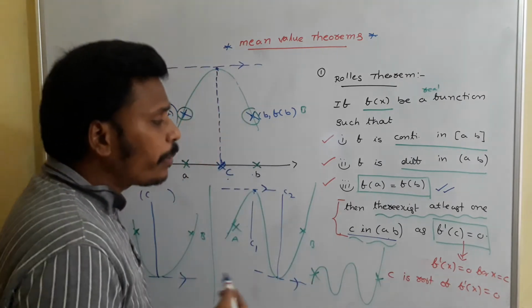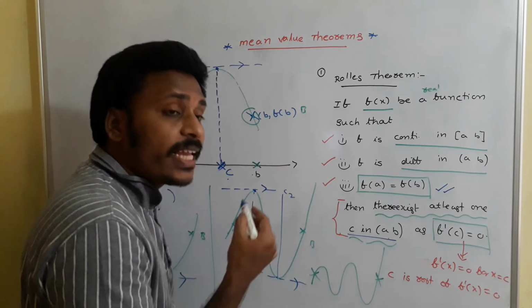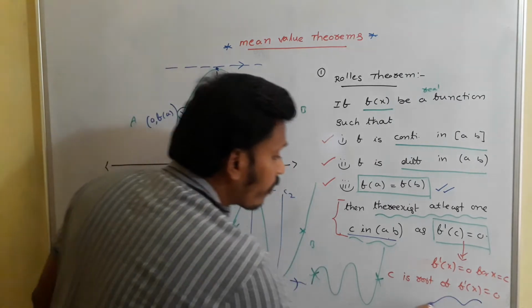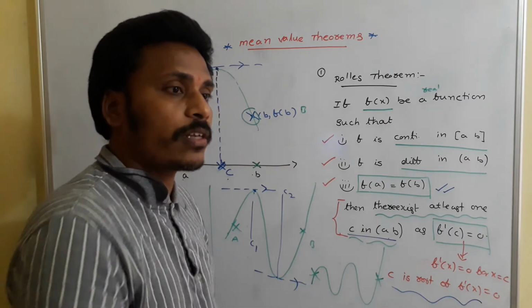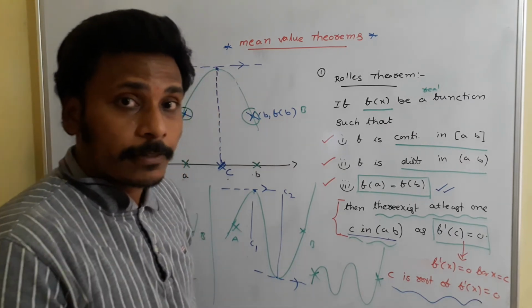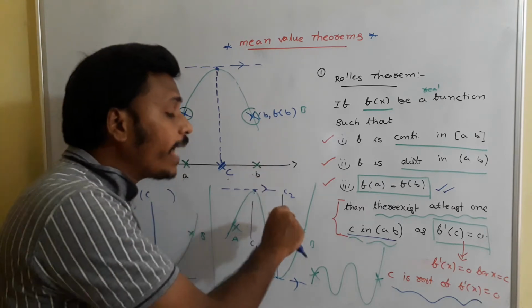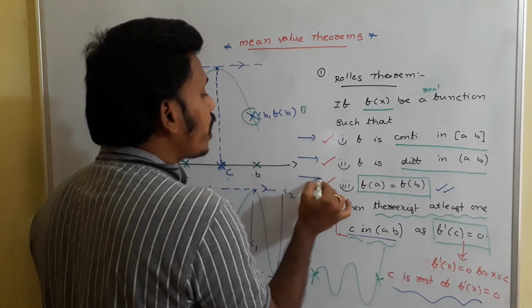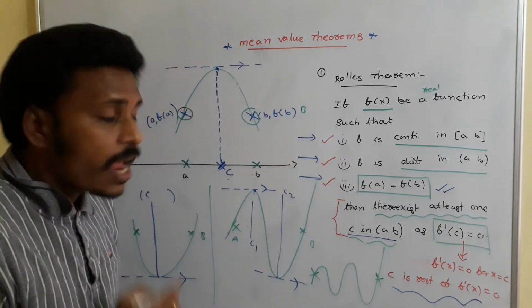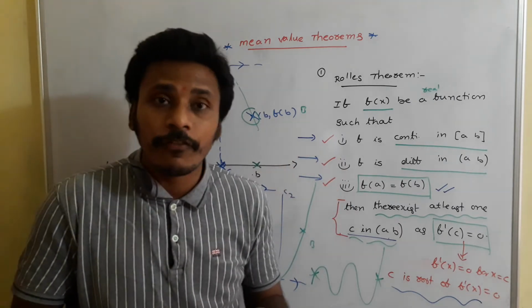See, application of Rolle's theorem involves identifying the solutions of f dash of x is equal to 0, or the number of solutions of f dash of x is equal to 0. But before applying Rolle's theorem, we need to check whether the given function is satisfying these three conditions or not. According to Rolle's theorem, we need to identify a few things.